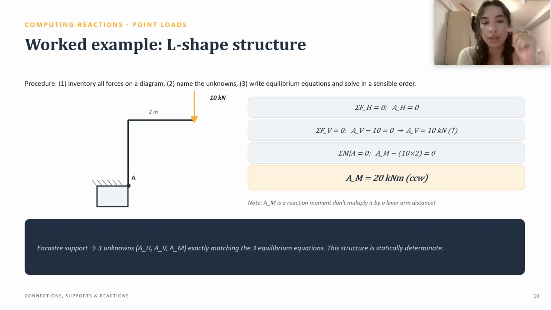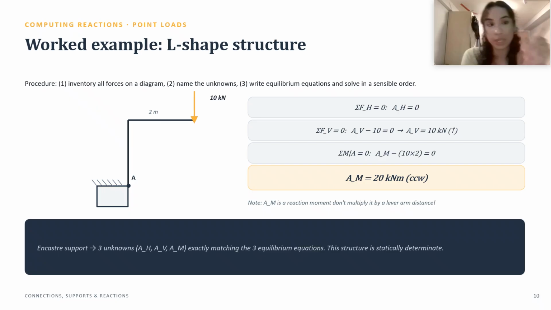That means the moment on A must be 20 kilonewton meter counterclockwise. Okay, because if 10 kilonewton is going this way clockwise, then to keep it in equilibrium, the moment on point A should be anti-clockwise. Okay.